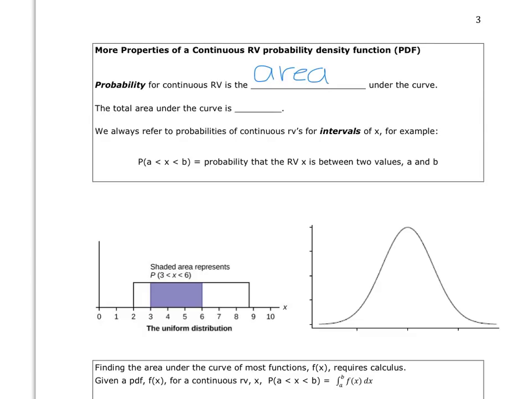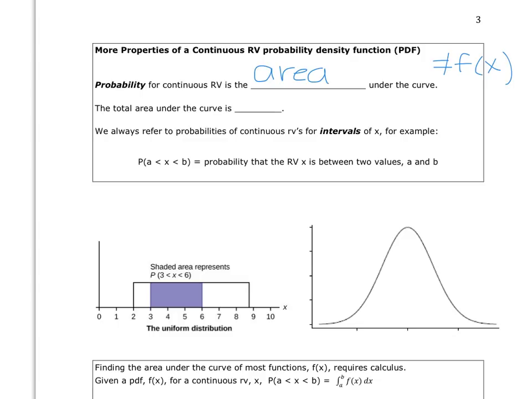I guess it's not equal to f of x. That f of x is only giving us the curve, and we get probability by taking area under that curve.